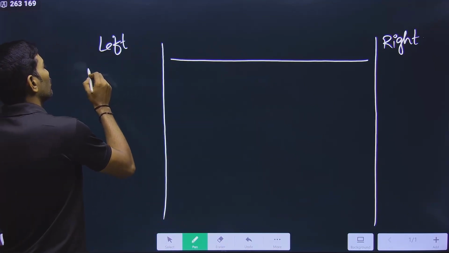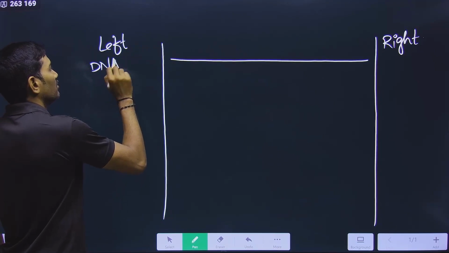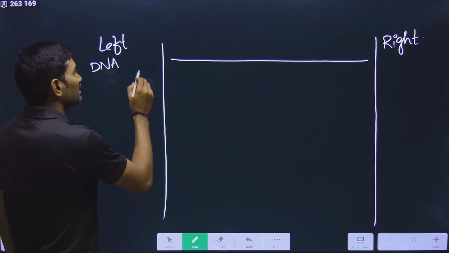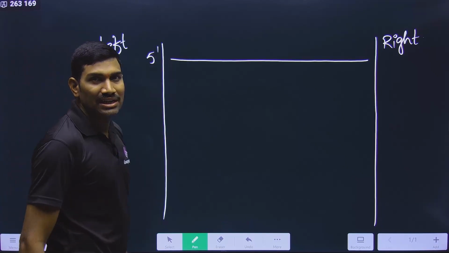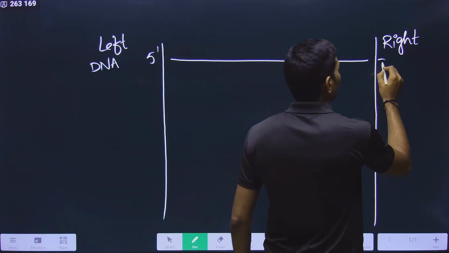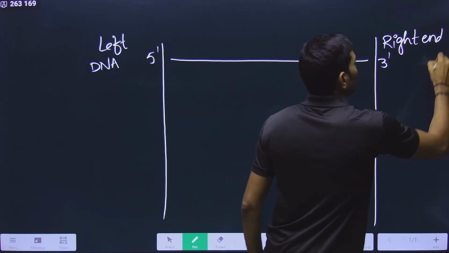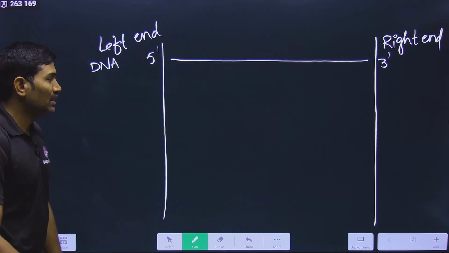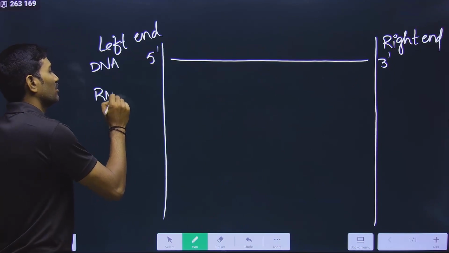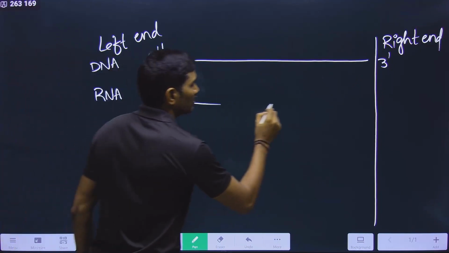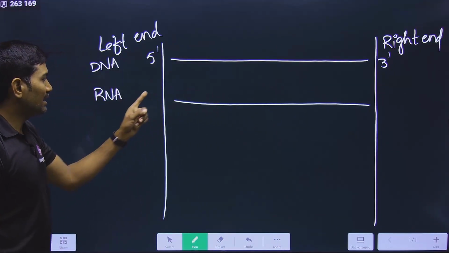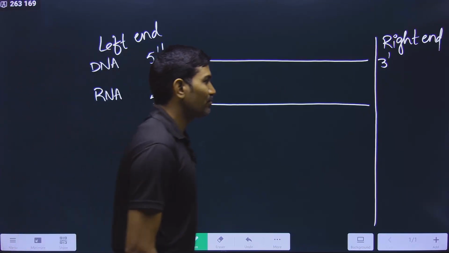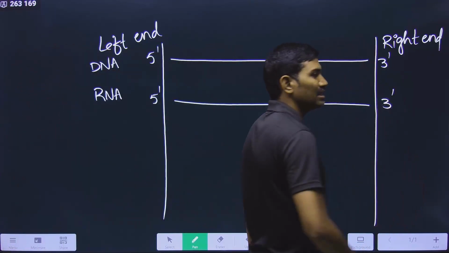Suppose you are talking about a DNA molecule. For the DNA molecule, what will be the left side end? For the DNA molecule, the left side end is 5 prime and the right side end is 3 prime. Next one, if you are talking about an RNA molecule, for the RNA molecule, as per convention, the left side end is the 5 prime end, the right side end is the 3 prime end.